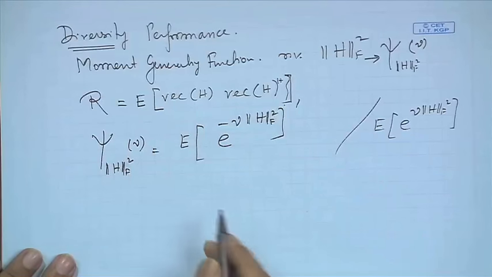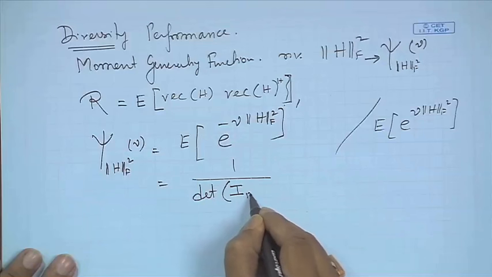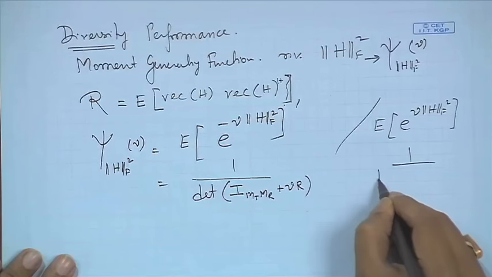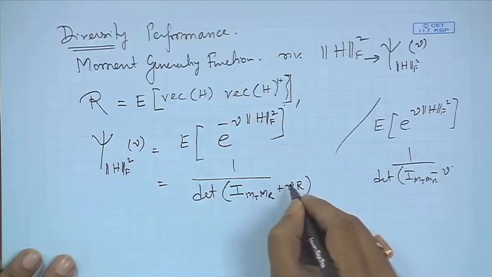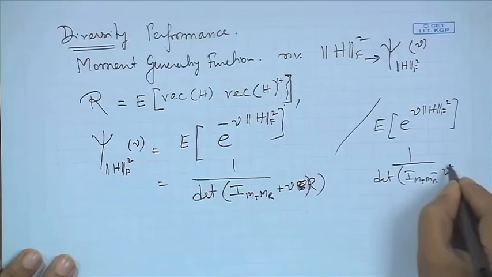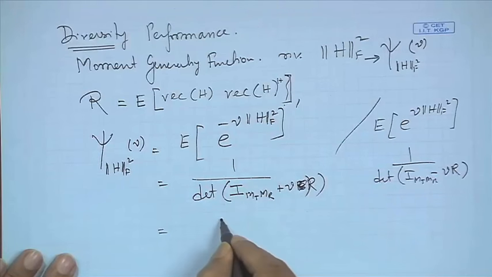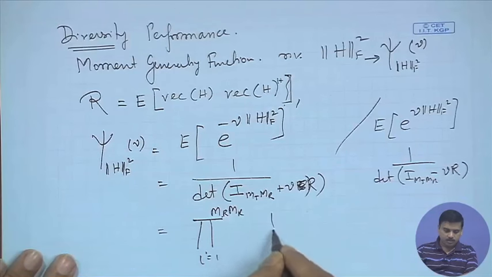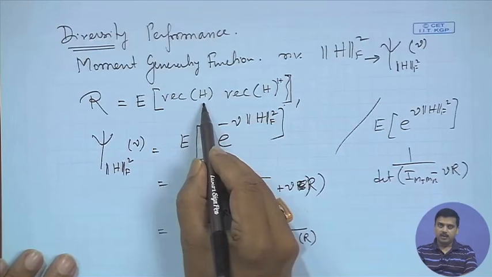So if this is evaluated for the Rayleigh fading, this turns out as 1 by the determinant of I plus nu times R, where I is the identity matrix of size Mt Mr. If it is a plus over here, you're going to get 1 by the determinant of I Mt Mr, naturally a minus nu times lambda I, this is nu times R. Now if you look at this, the determinant we could write as the product for i equals 1 to Mt Mr of 1 by 1 plus nu times lambda i of R. The size of R is Mr Mt because this is vec.